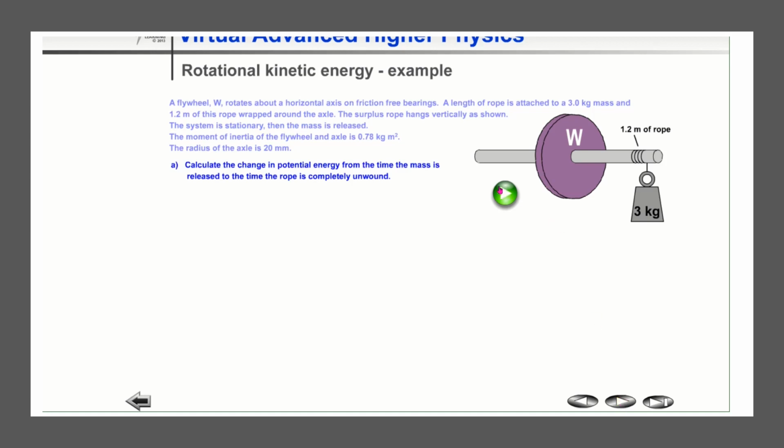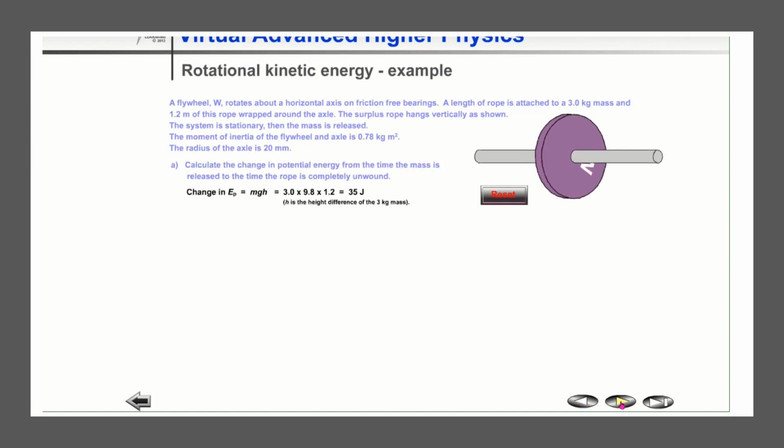Calculate the change in potential energy from the time the mass is released to the time the rope is completely unwound. Your change in EP is mgh, which is 3 times 9.8 times 1.2, which is 35 joules.